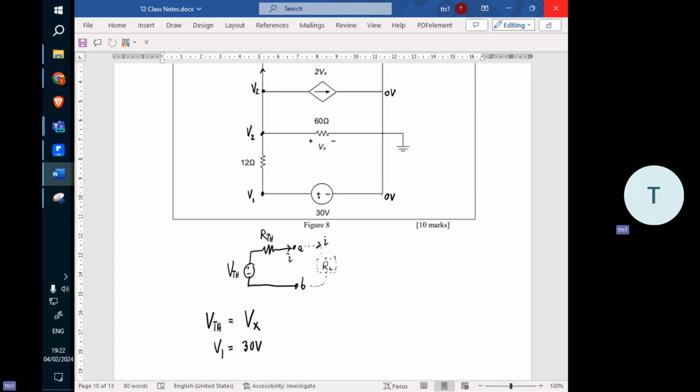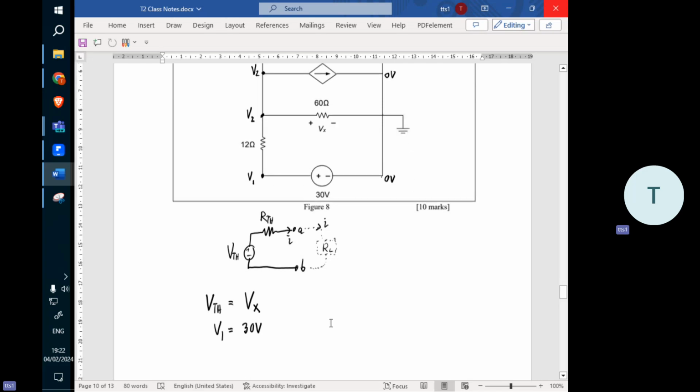Because the voltage is between 0 volt and here, and here is 0 volt already, the potential here must be 30. That's why the voltage across is 30 volt, right? This is what I mean. If you still don't know this basic, then you need to spend more time.